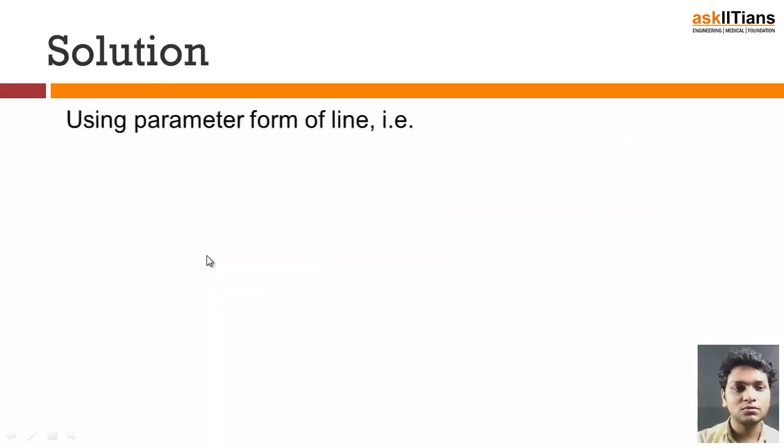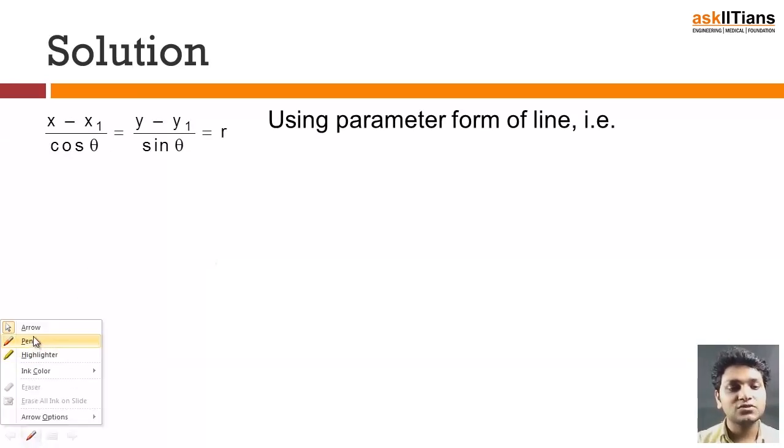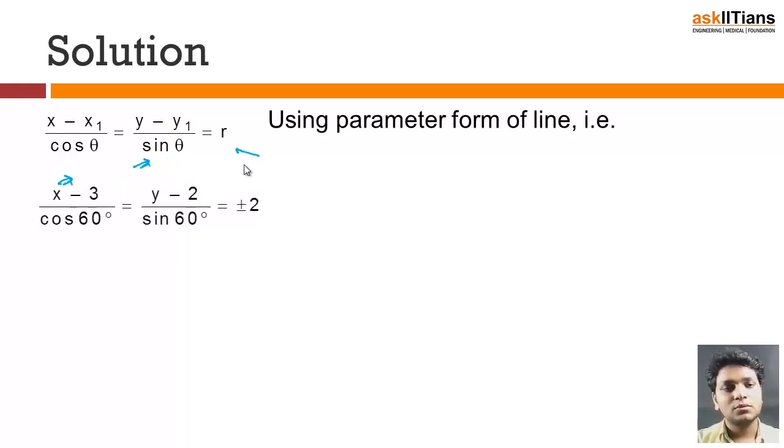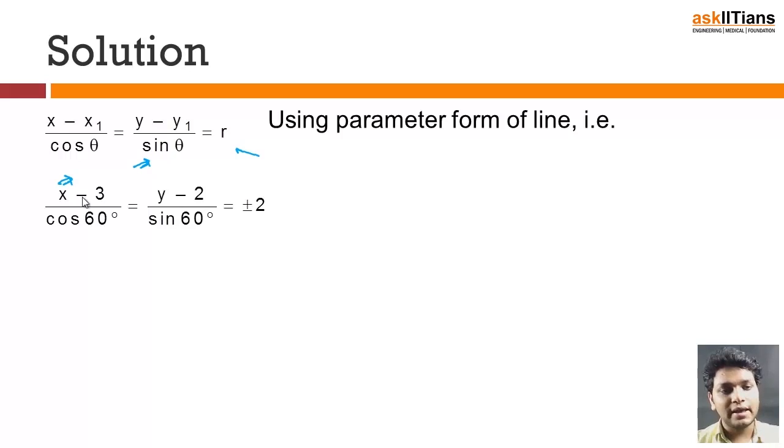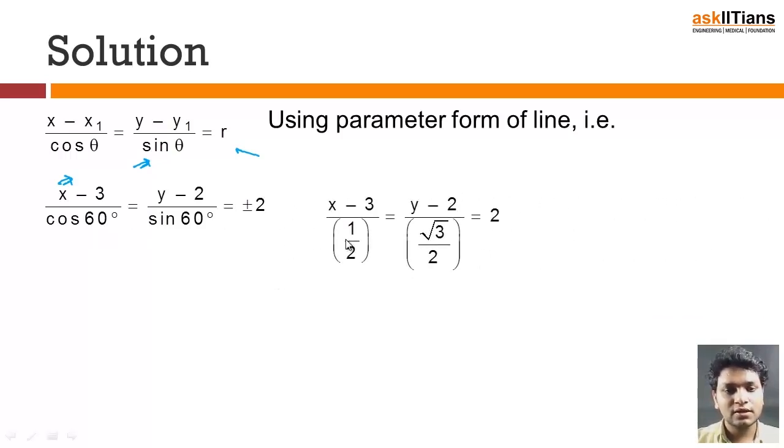So let us look at the solution. Using the parametric form of a line, I can say that x minus x1 upon cos theta equals y minus y1 upon sin theta, which equals r. Putting in the fixed point, x minus 3 upon cos theta equals y minus 2 upon sin theta equals plus minus 2, because distance can be taken while moving in the upward direction and also in the downward direction. Cos theta is nothing but 1 by 2, as we consider theta as 60 degrees, and sin 60 is root 3 by 2.